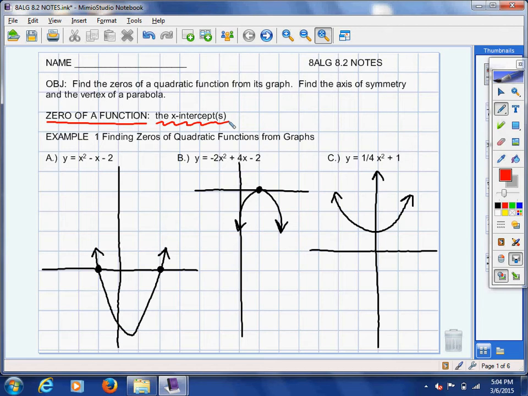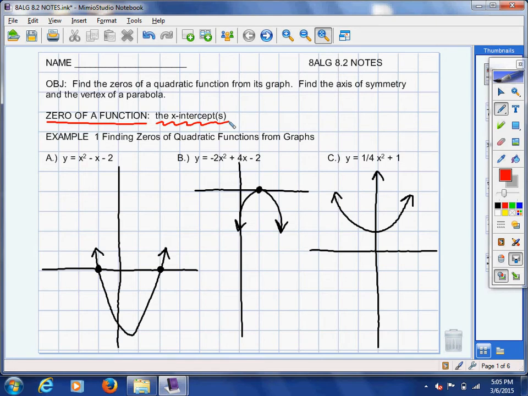Now if you're wondering, why did they use the word zero? Why does zero of a function mean the x-intercept? Basically, where the zero comes from is if you plug in 0 for the y, what are your x's? And that is your x-intercept. Remember from when we did linear equations, if y is 0, that means you don't move on the y-axis, then wherever you move on the x is on the x-axis itself.